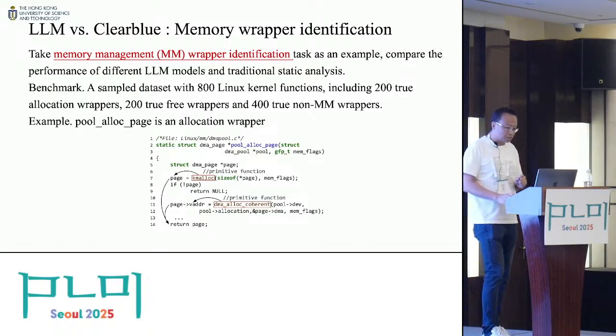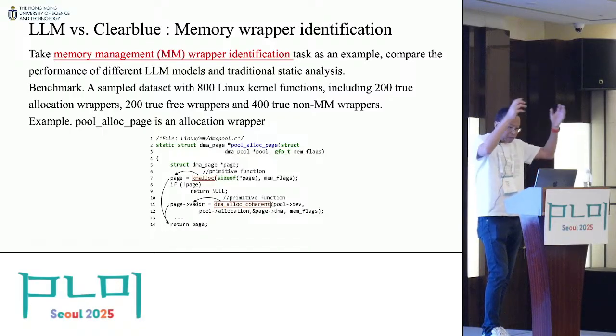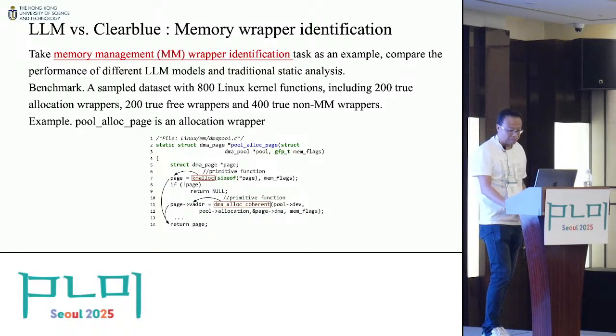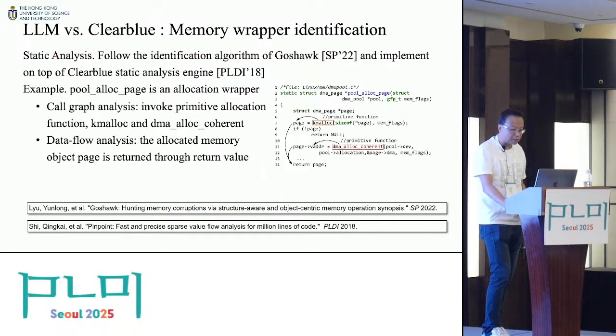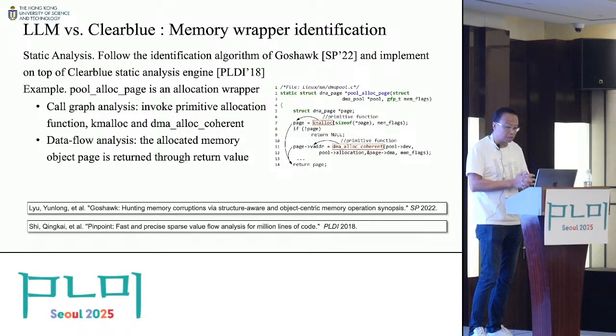We're going to use it to compare the capability of Clearblue versus LLM. So we implemented an algorithm dedicated to finding memory wrappers on Clear Blue, and we compare that to LLM. So we see who is doing better.